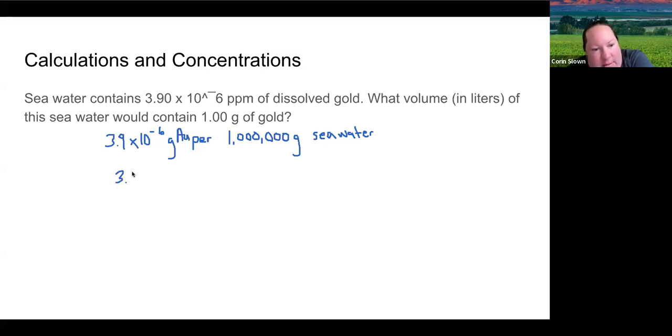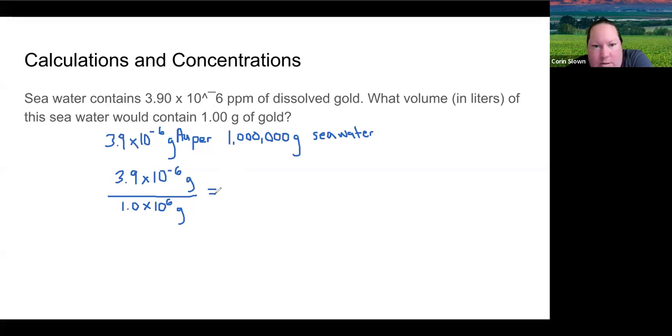So we have 3.9 times 10 to the negative 6th grams, and that's going to be 1.0 times 10 to the 6 grams, which is the same thing as writing it out in standard form.